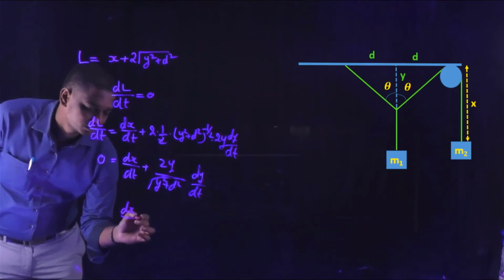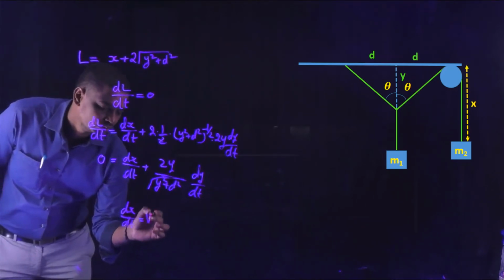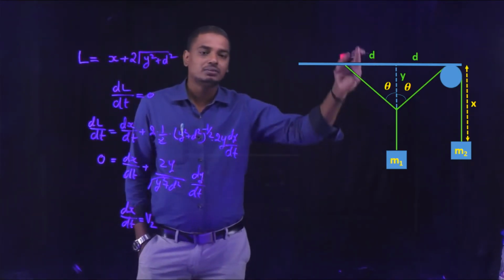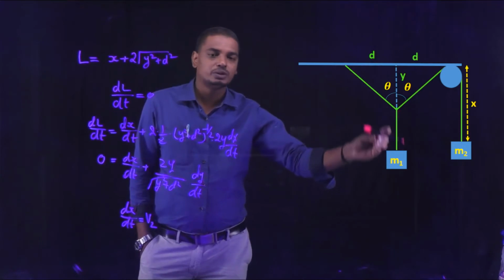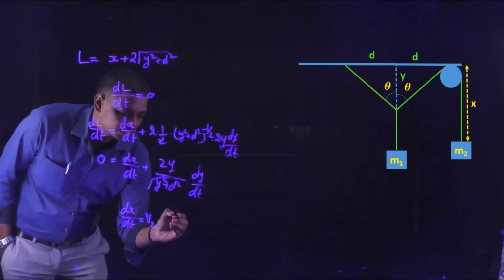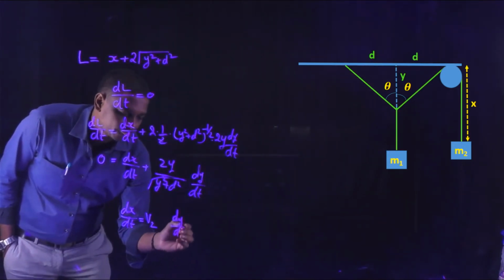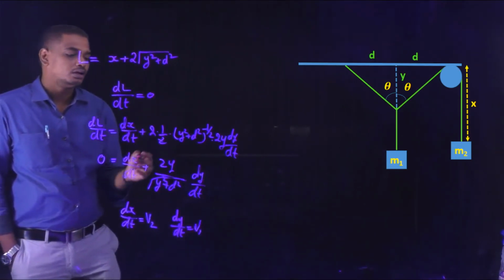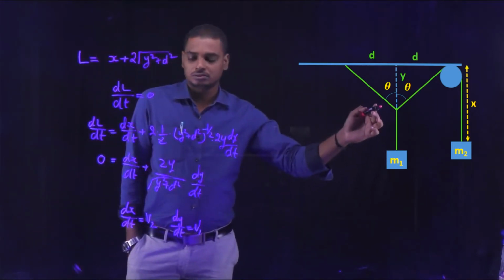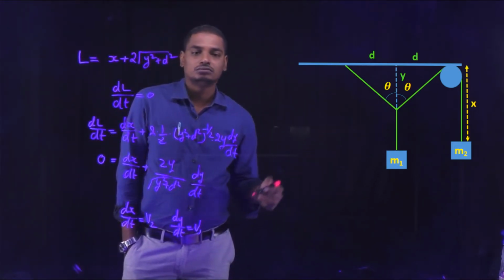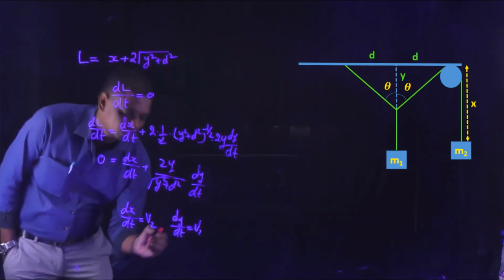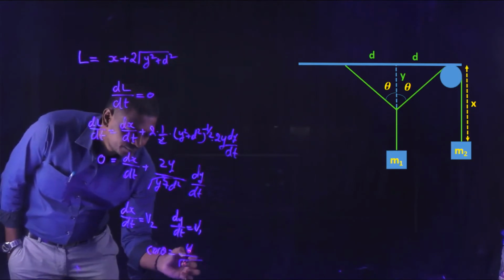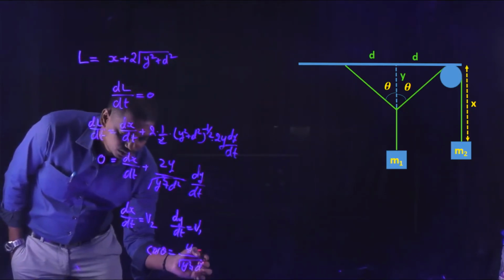So dx by dt is equal to v2, and dy by dt is the rate of change of displacement of the block m1, so dy by dt is nothing but the velocity of the block 1. And y by root over y square plus d square is nothing but cos theta. So cos theta is equal to y divided by root over y square plus d square.